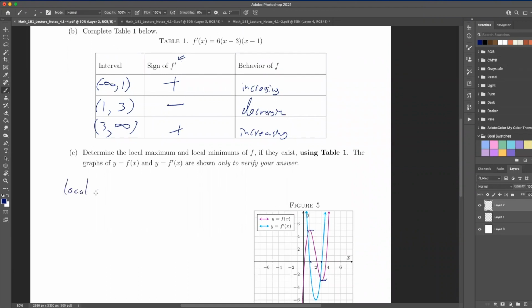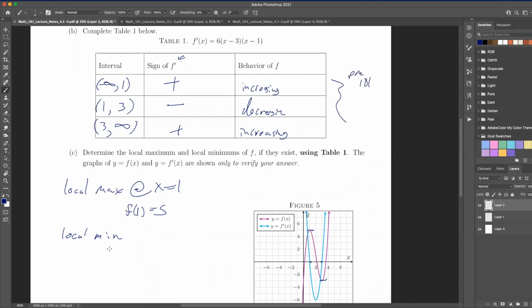So we have a local max at x equals 1, where the function value is 5, where f of 1 is equal to 5. And then here we have a local min, because I'm going from decreasing to increasing. This is how you defined it before, in pre 181, or precalculus.